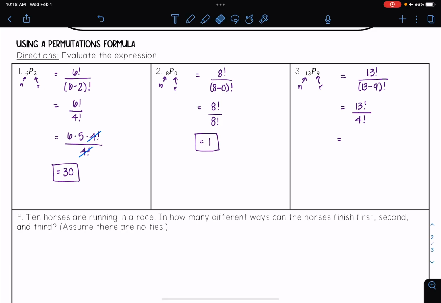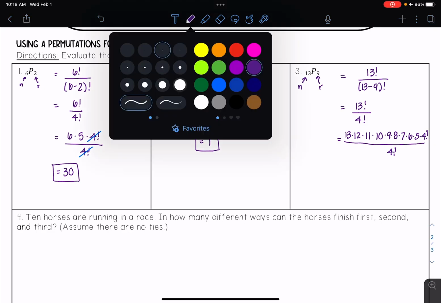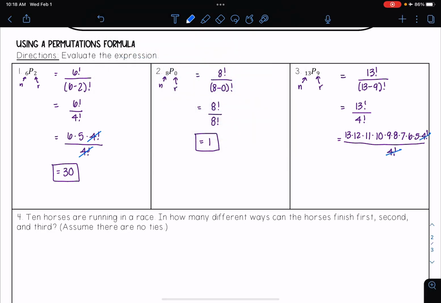Expanding out that 13 factorial, I have 13 times 12 times 11, 10, 9, 8, 7, 6, 5, and 4 factorial. This one is going to be a larger number. I can cancel out my 4 factorials, and I'm left with all of those numbers multiplied out, which when you multiply it out, you should get 259,459,200.